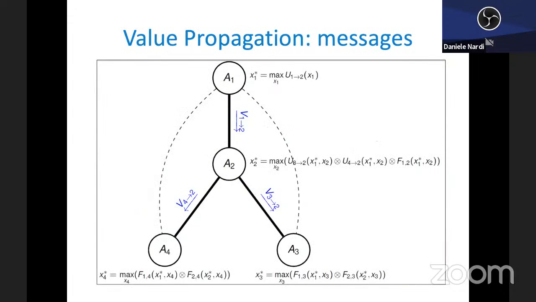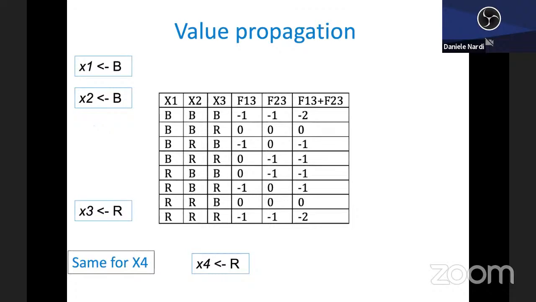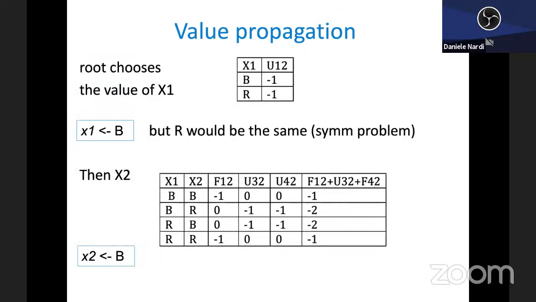Here is the flow when they go from the root to the leaves. So we have a message from 1 to 2, and then messages from 2 to 3, and from 2 to 4. So here is the starting of the value propagation. Here we have a root again. The root needs to choose its own value. As we said, in this particular problem, it will be the same, choosing blue or choosing red.